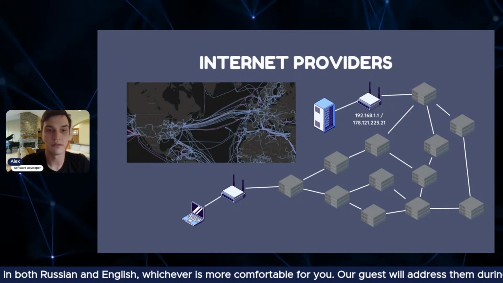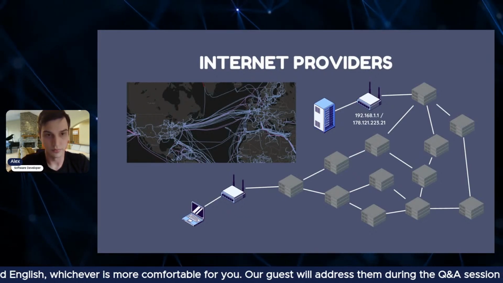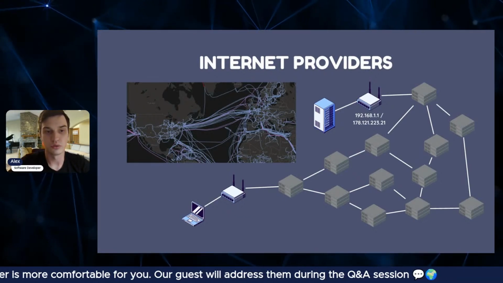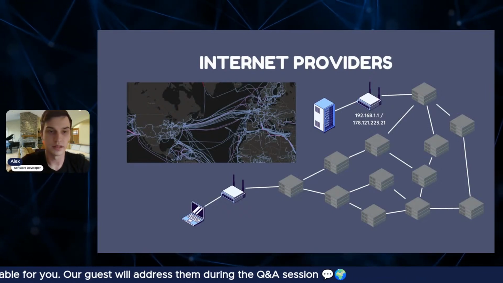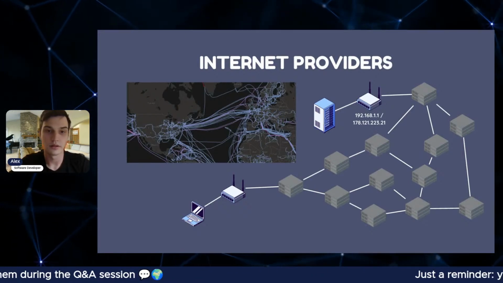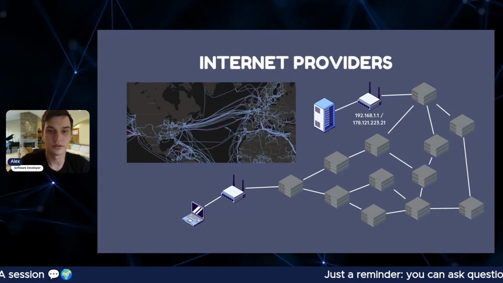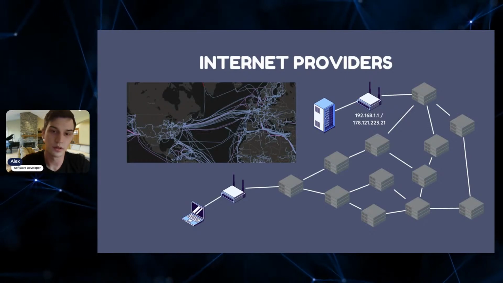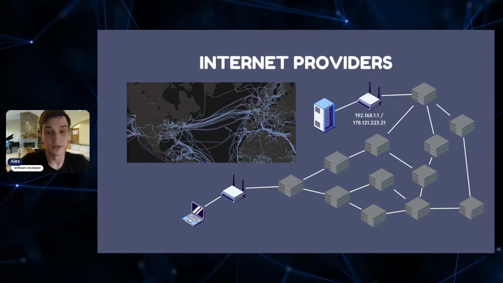So the router knows that if someone calls him from the internet, he needs to pass it to the server, and he needs to send the answer back. So, okay, we connected to our server and sent a message through the provider's network.